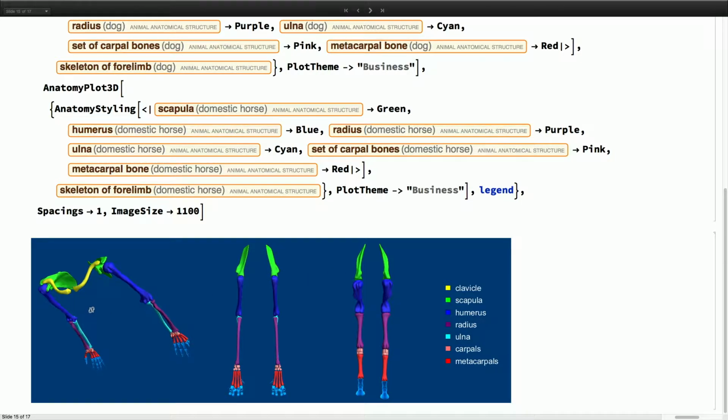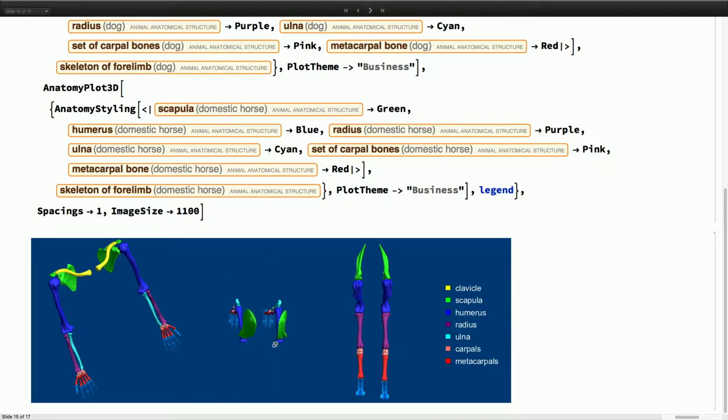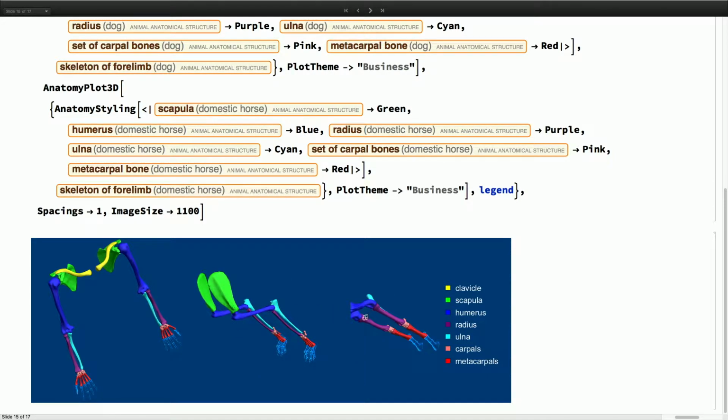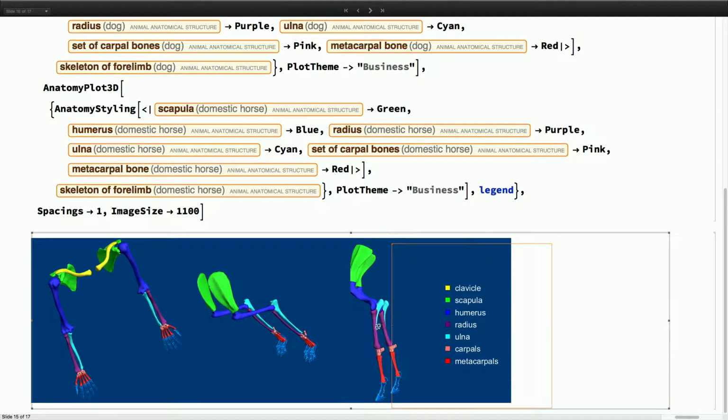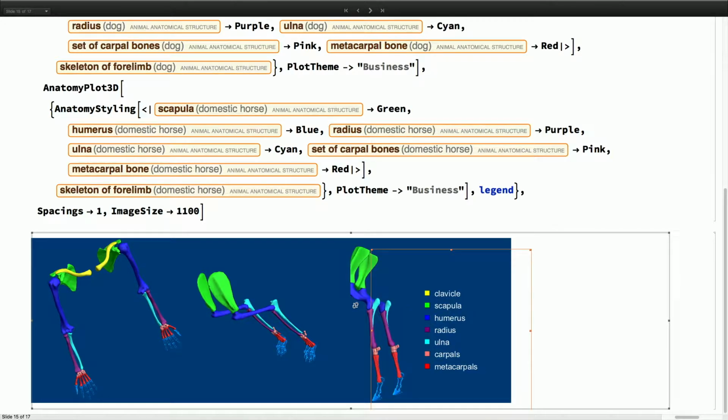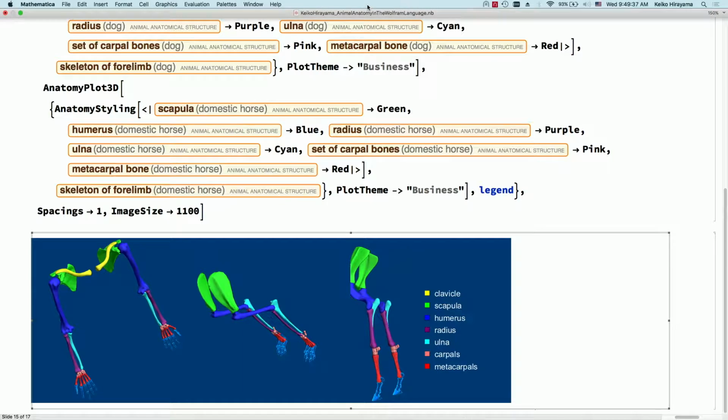And humans have separated radius and ulna bones, while dogs and horses, those are fused. You can see also the back side here. And the horse has long metacarpal bones, and the phalanges, those are homologous to human middle fingers.